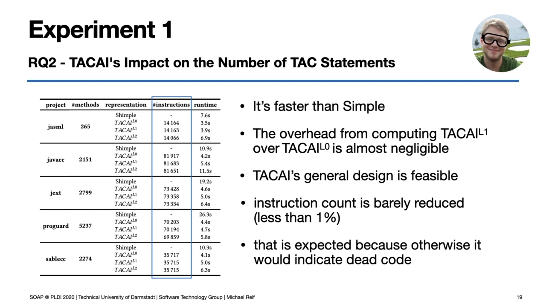However, that's kind of expected, because otherwise it would indicate that there's a lot of dead code within the project, and the interpretation finds paths to prune because they are never used. So it's actually good for the projects that we couldn't reduce the instruction count that much. But please be aware that all the projects are rather small, and bigger projects might yield other results.